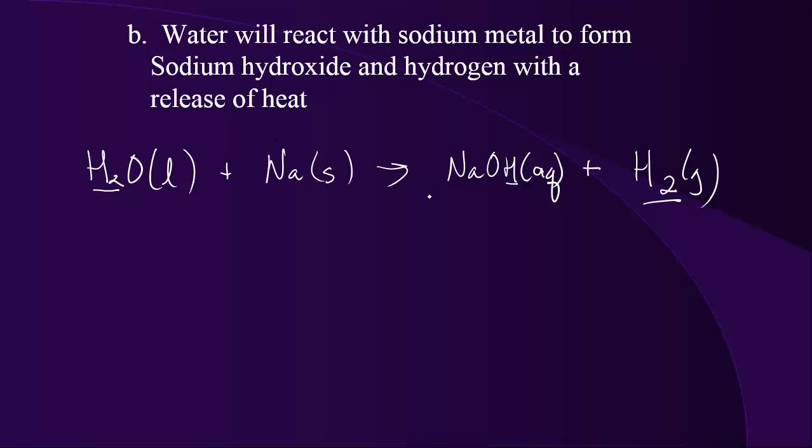Yeah, put a 2 there. And put a 2 on the right. Okay, so that's 2 H's and 2 more is 4. 2 times 2 is 4. Okay, good. Is everything else balanced? No, put a 2 in front of the Na.